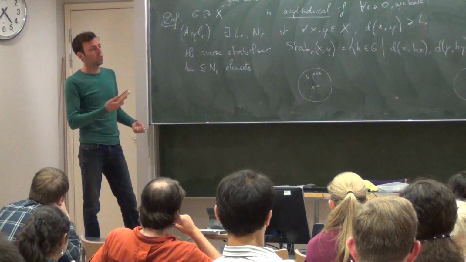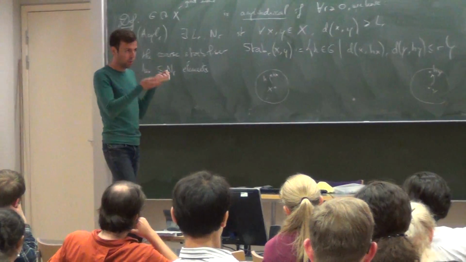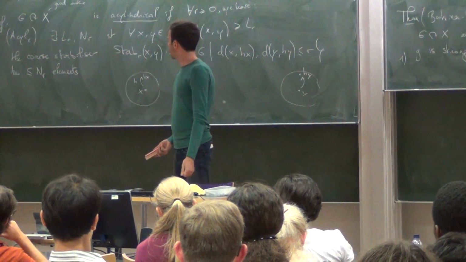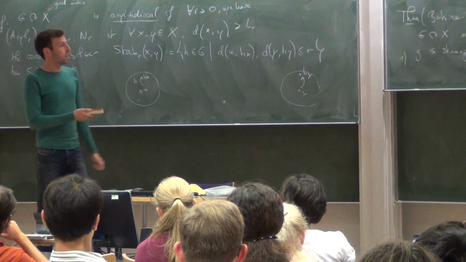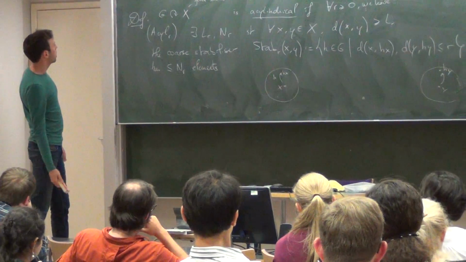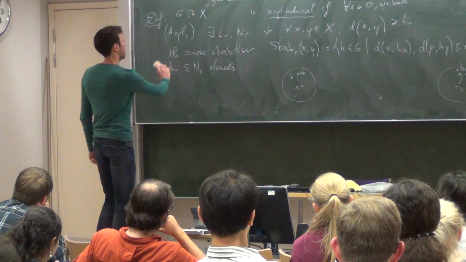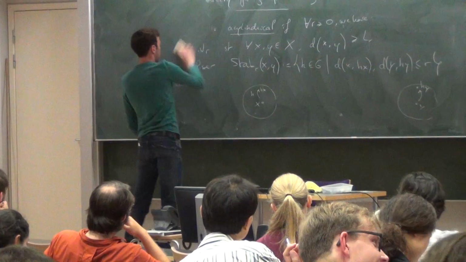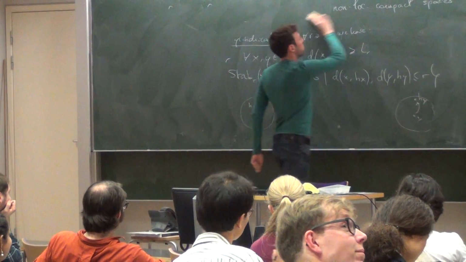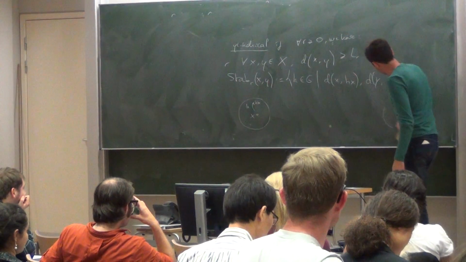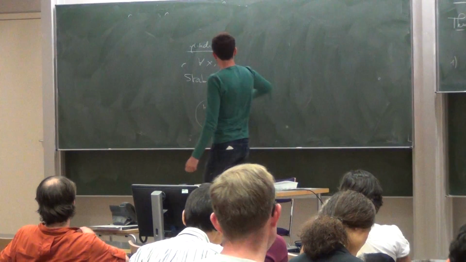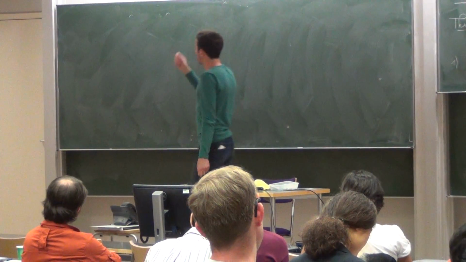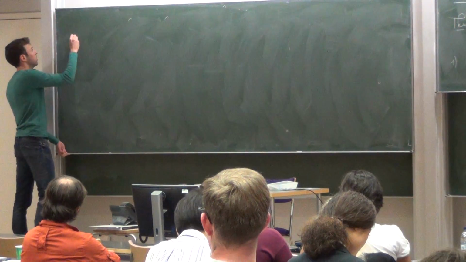And the point of the talk is to give other criteria for acylindricity of groups, which are much easier to check. So actually the talk would have been called, I guess, acylindricity without tears. So in the case of actions on trees, it's actually sufficient to check the condition at r equals 0 for trees.